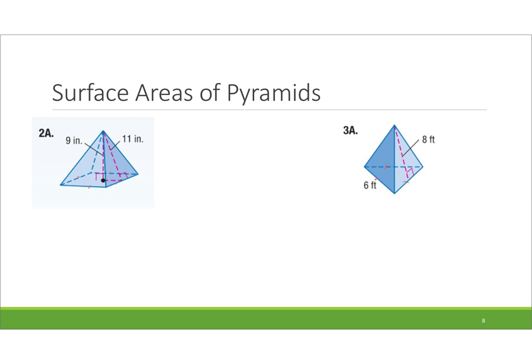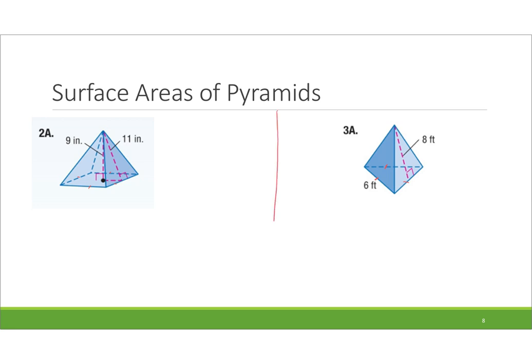Okay, because 90% of the problems we're going to deal with are going to be regular pyramids, and therefore the bases are going to be regular shapes. Just like with prisms, if you have a non-regular pyramid, they're going to tell you. If they don't tell you, you can assume it's a regular pyramid because 90% of the problems we deal with are going to be regular.